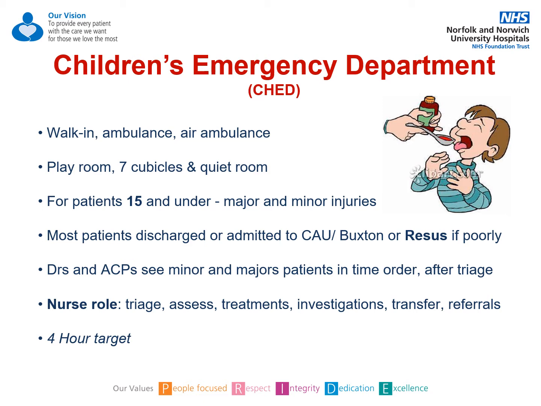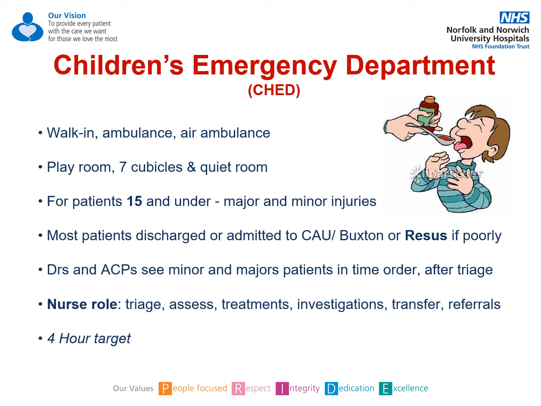They've got quite a big playroom, which is a bit like a waiting room with lots of toys and usually a bit of a movie playing. And then they've got 7 cubicles at the moment and a quiet room if they need to use it. There should usually be a paediatric trained nurse round in CHED, but there isn't always.